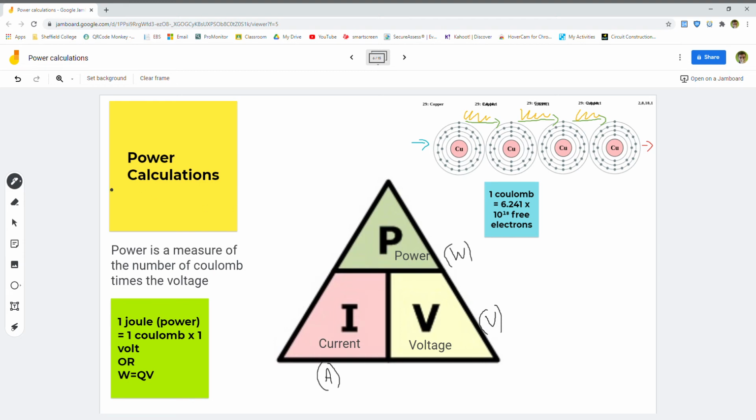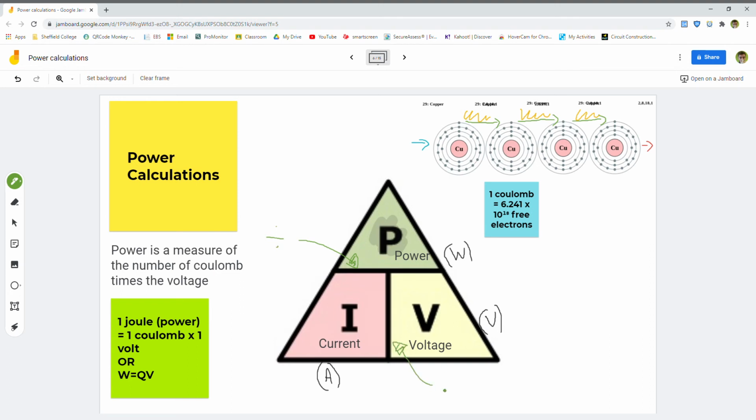So just like the Ohm's law triangle, if we wanted to work out P, you put your hand over the P, and then the equation would be P equals I times V. So just to clarify that, this line here represents divide.